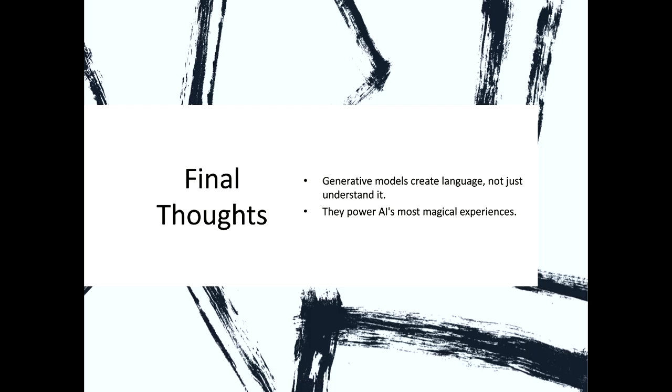So let's summarize what we have discussed till now. Generative models are AI that write and create text by predicting the next word, but only one next word at a time. They use decoder only transformers like GPT. Transformers are the models that are available in the library. Training involves reading lots of text and learning word patterns.